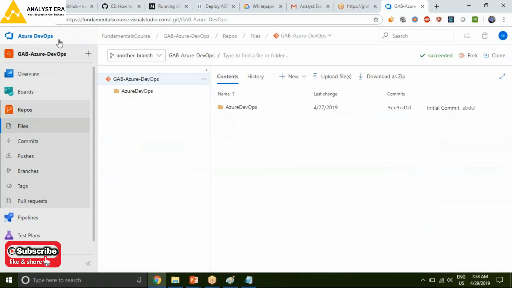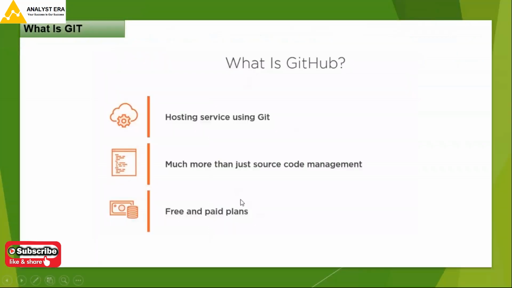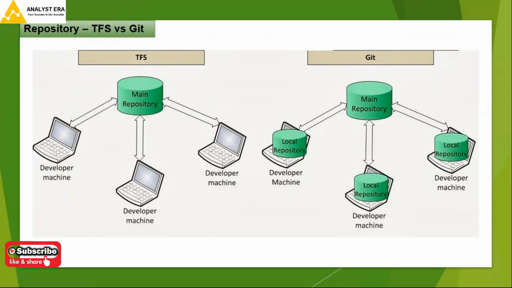That's one of the recent things they did. This was not there 3 months back. 3 months back it was still VSTS. Now they have renamed it to Azure DevOps. That's a little bit of background. So coming back to our central versus global repository, we have seen this online as well just now. That's one of the main differences.